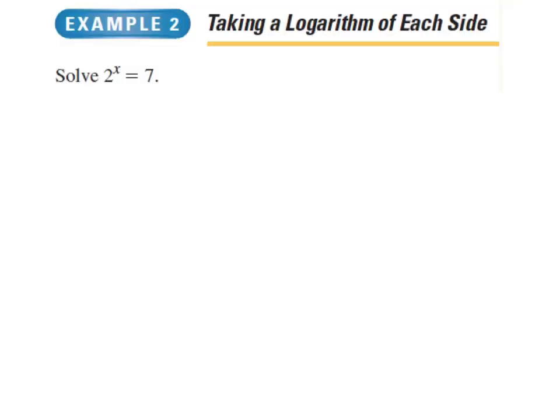Okay, in this equation we want to do what's called taking the logarithm of each side. And so what that means is, in algebra we can often do something to an equation as long as we do it to both sides of the equation.